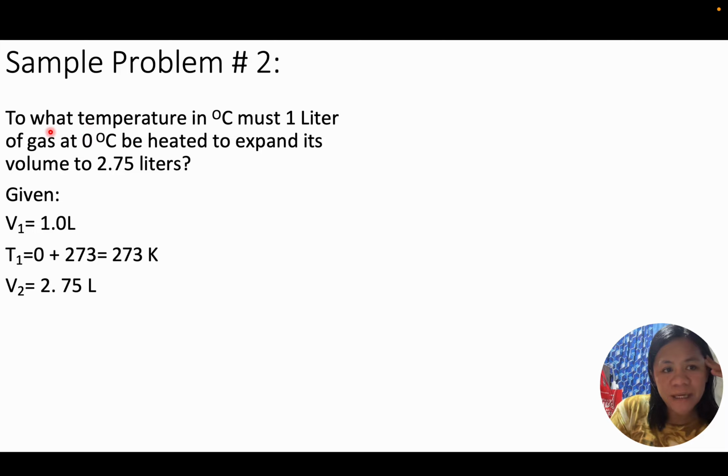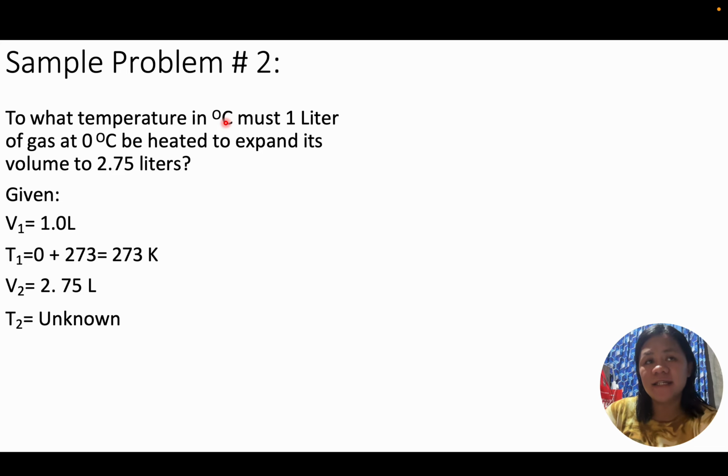Ang hinahanap is temperature in degrees Celsius. So, yun yung hinahanap natin, T2. Okay? So, as what you notice, walang given na pressure. So, no need na natin siya ilalagay. And this is an indication na we're gonna be using the Charles law.